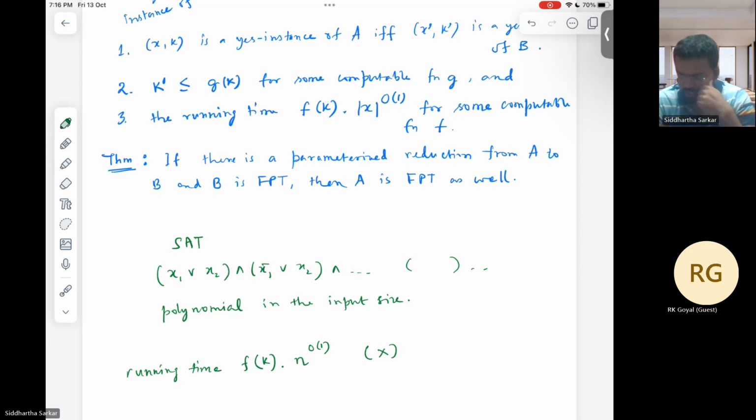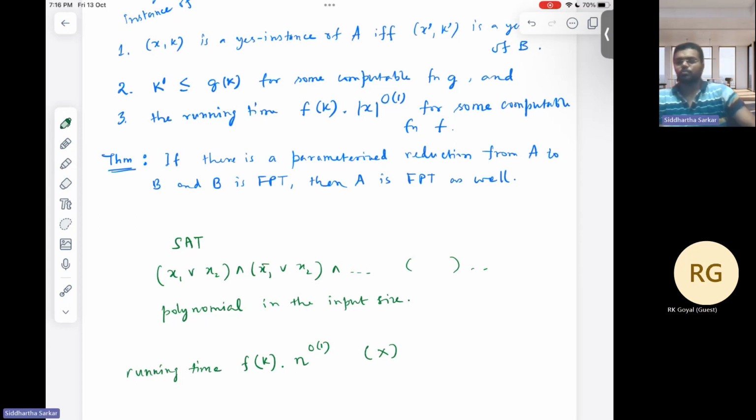Is this k dependent on n? K is given. It need not be dependent on n. It's independent of n. So then this f of k is a constant kind of thing, and then I'm multiplying this by n. So for those problems for which we do have the fixed parameter intractability, if I can bring their running time into this form, does this mean that the problem is solvable in polynomial time?